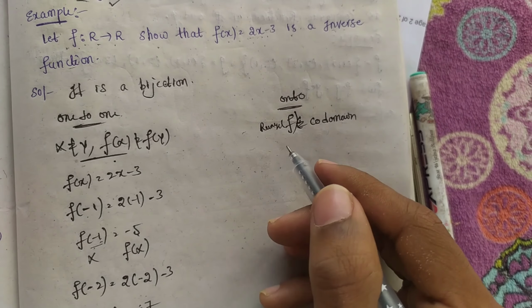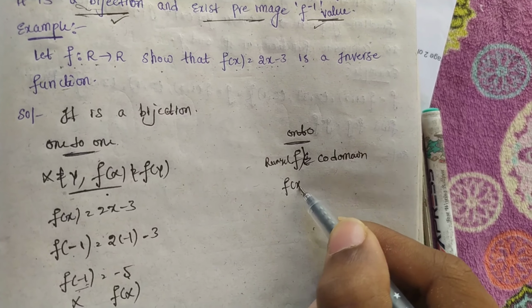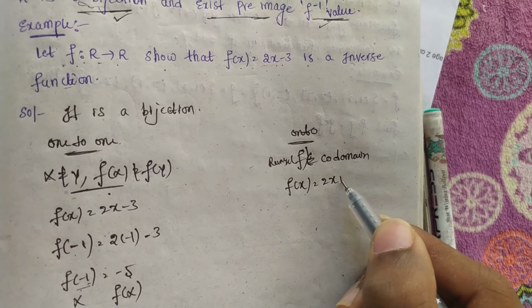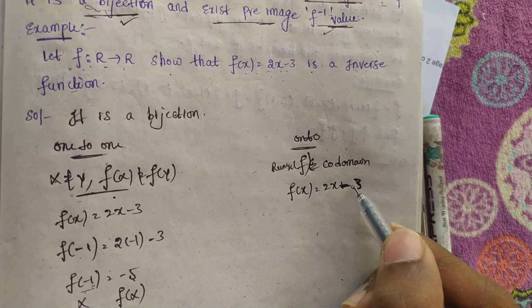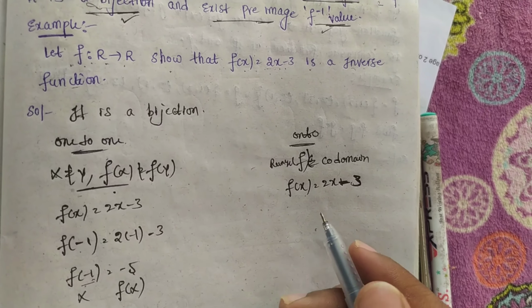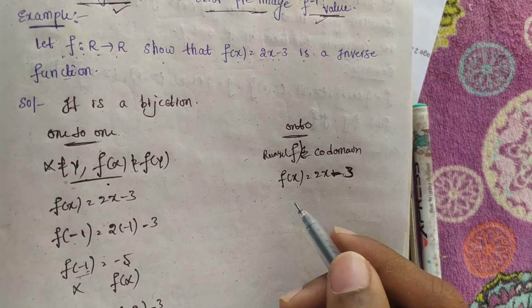This is satisfied. Now we come to the onto function. Given f(x) = 2x - 3.